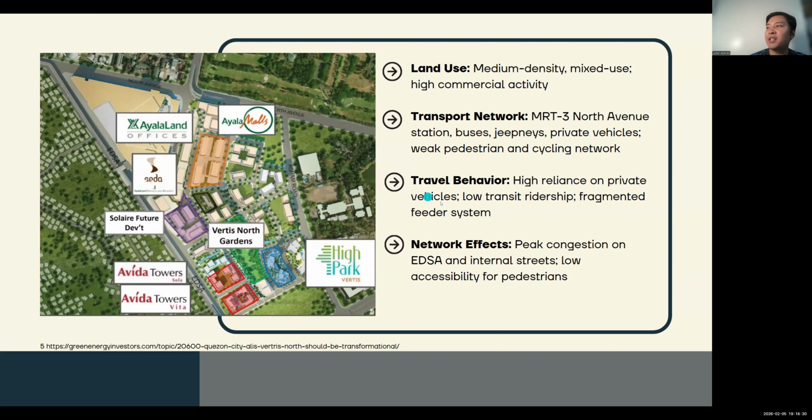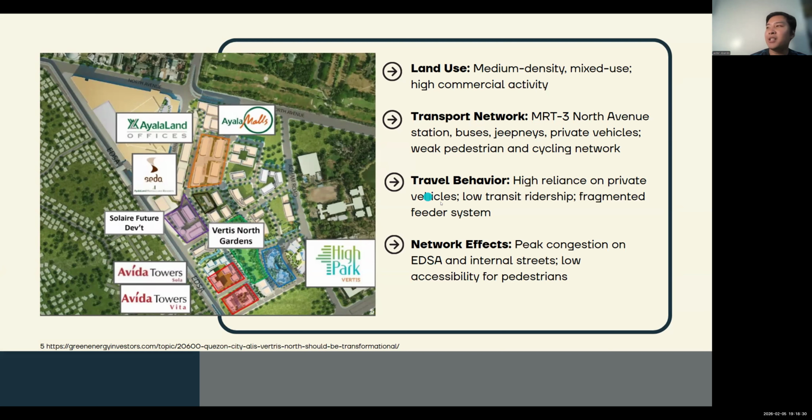For the alternative scenario, we are considering three TOD-based alternative scenarios for Vertis North. The first is a partial TOD or moderate intervention, implemented within a 400 to 500 meter radius of the MRT North Avenue station. The second is a full TOD with transport integration, implemented on a larger 800-meter radius, featuring high-density mixed-use development, parking protocols, and fully coordinated feeder and trunk services going in and out of Vertis North.